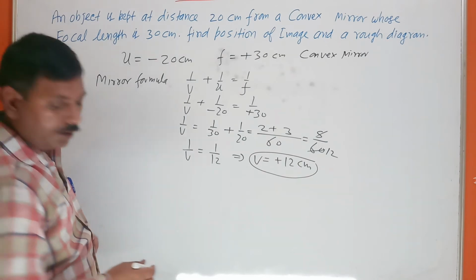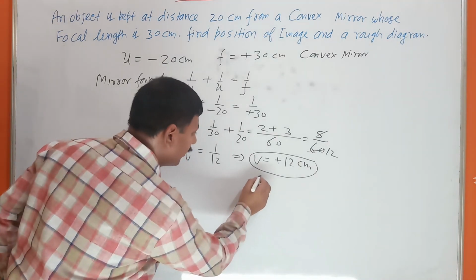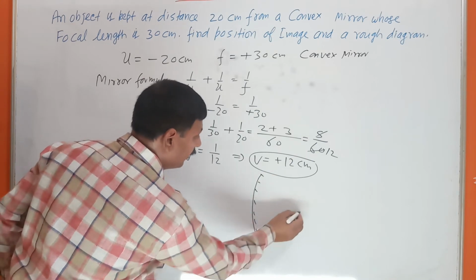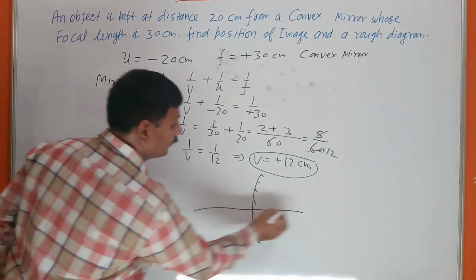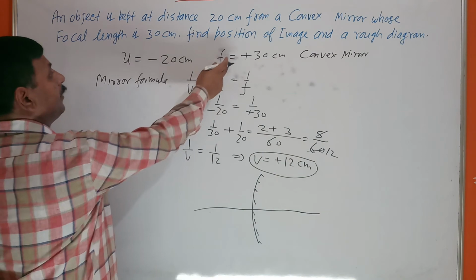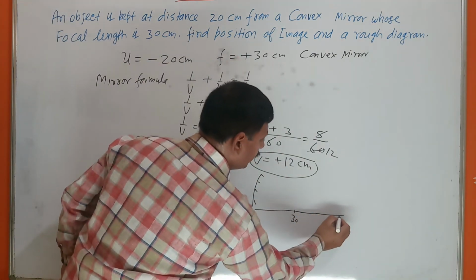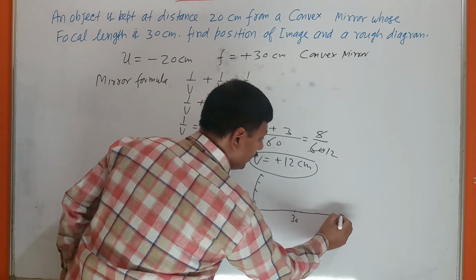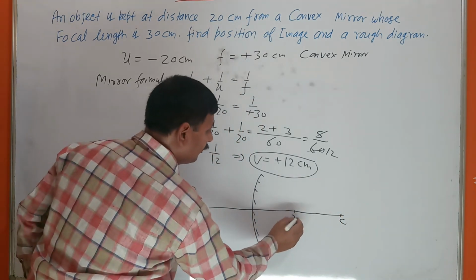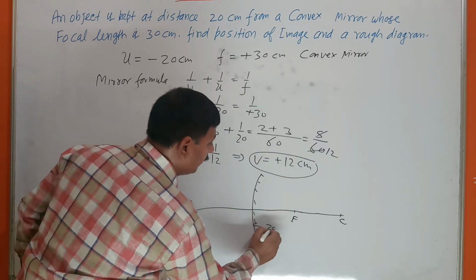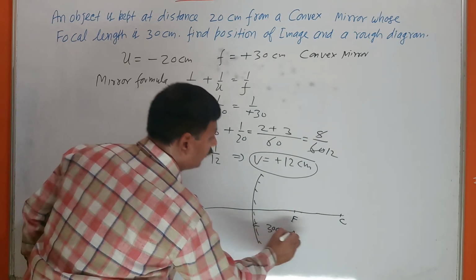So if you draw a rough diagram, see here, I am tracing one rough diagram. See, focal length is 30, this is 30, so just double. This is focus F, it is at 30 centimeter distance.